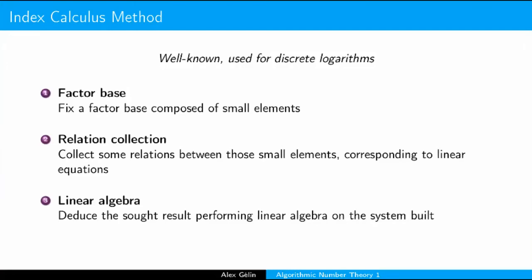And every piece of information will give you a linear equation. And once you get sufficiently many linear equations, then you just have to perform some linear algebra, depending on the problem you're trying to solve. And after that, you get the solution of your problem. So this is the main frame for the index calculus method.